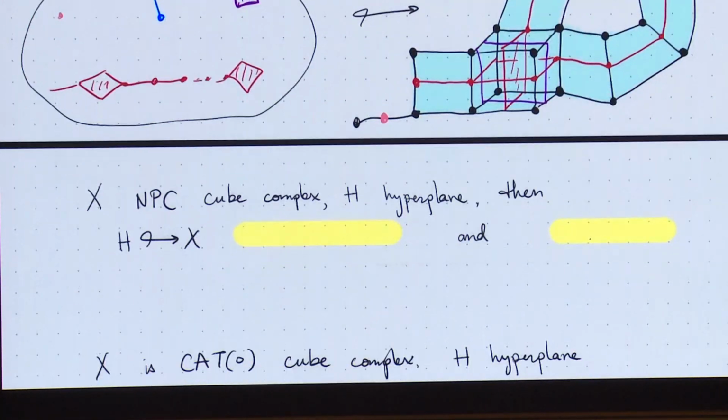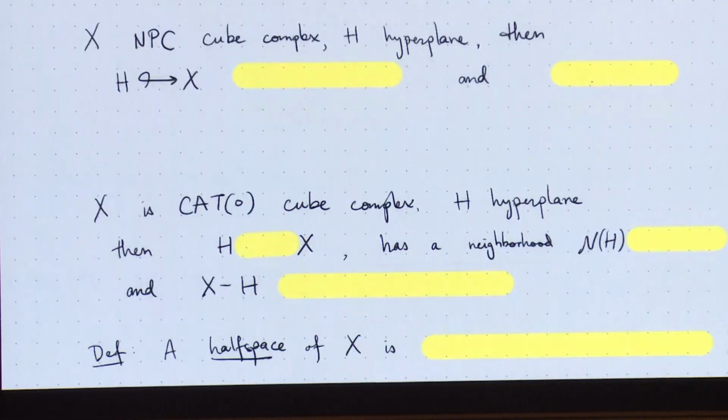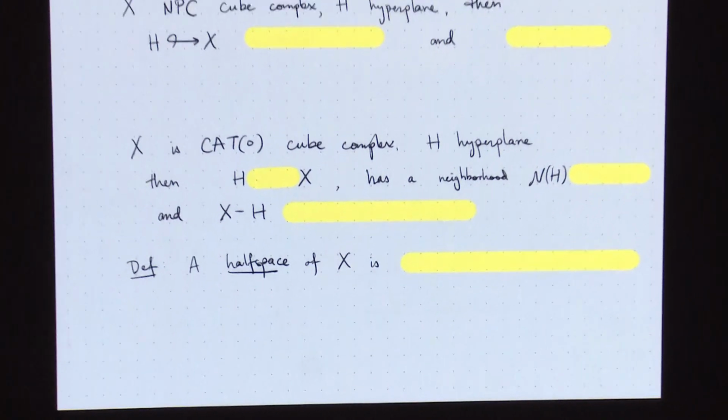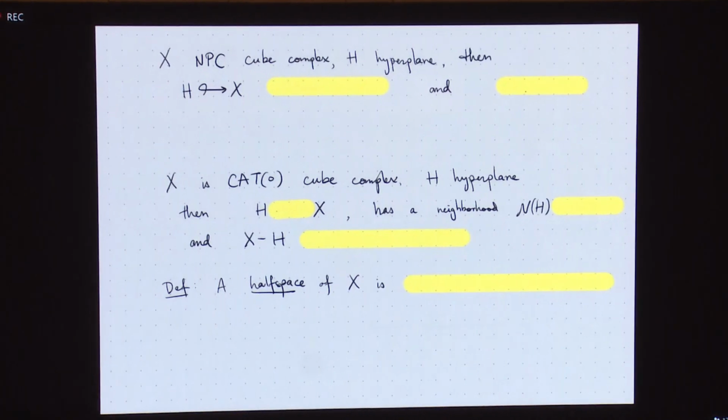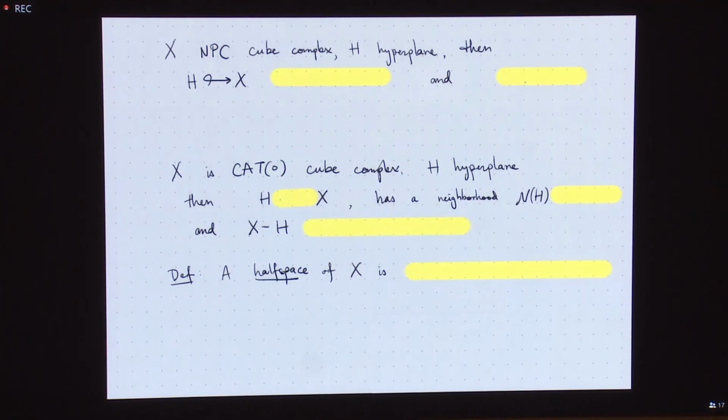Okay, so you're one slide ahead. Good. So far I just defined it for a cube complex, but really it's interesting when the cube complex is non-positively curved, and when X is non-positively curved, then this map from a hyperplane to X is a local isometry, and has an image that's locally convex.